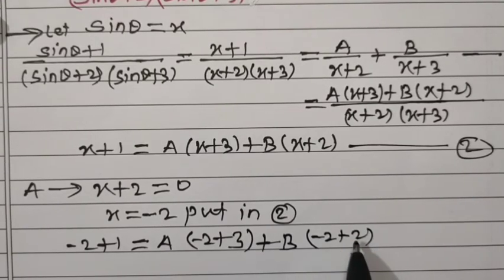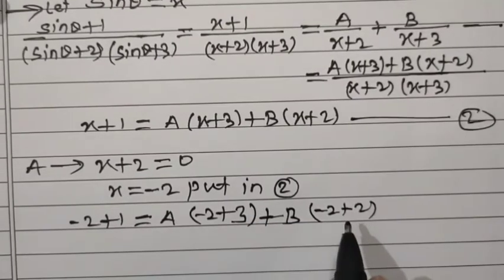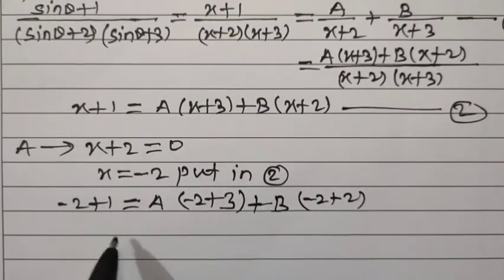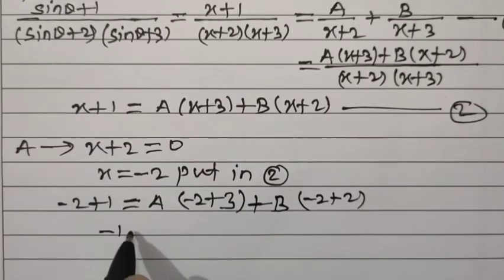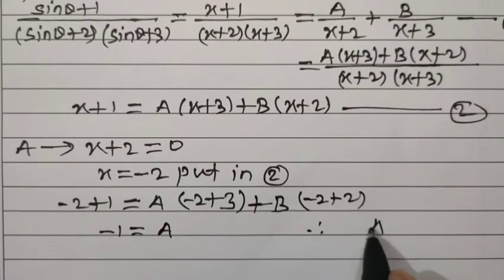This minus 2 plus 2 is 0. 0 into something is 0. This becomes 0. And now minus 2 plus 1 is minus 1. And minus 2 plus 3 is 1. Minus 1 is equal to a. Hence a is equal to minus 1. This is value of first constant.